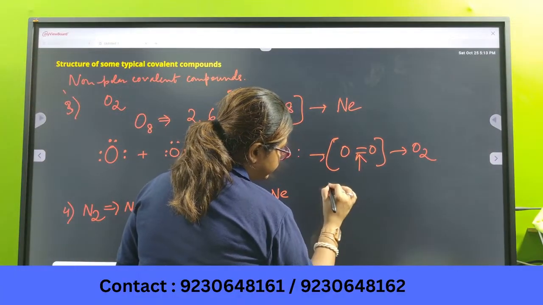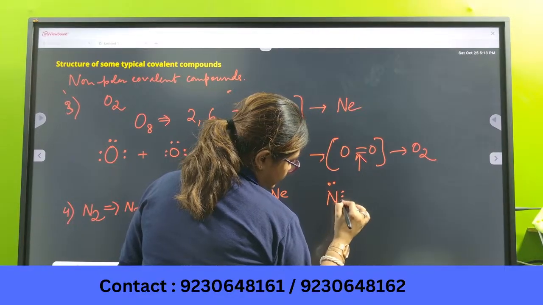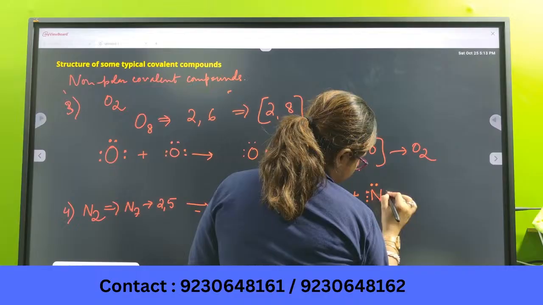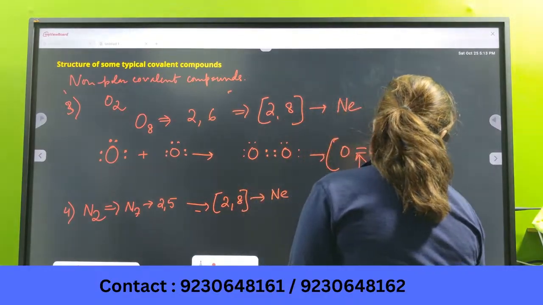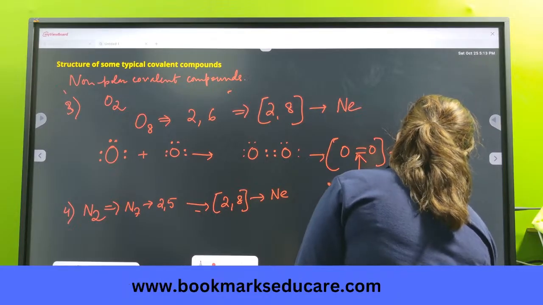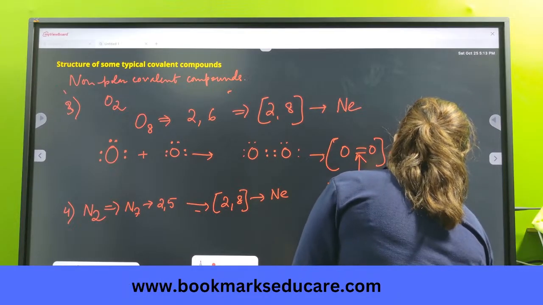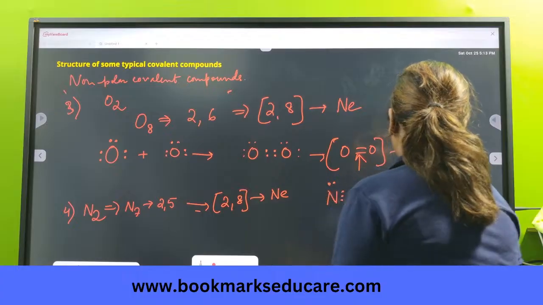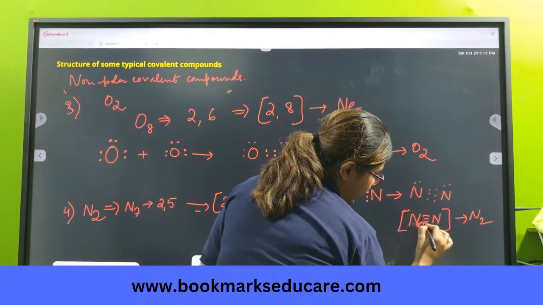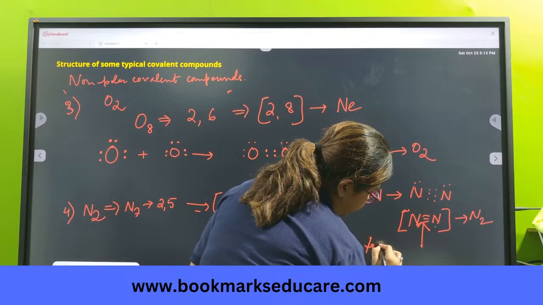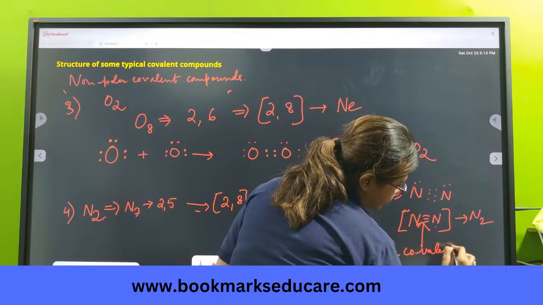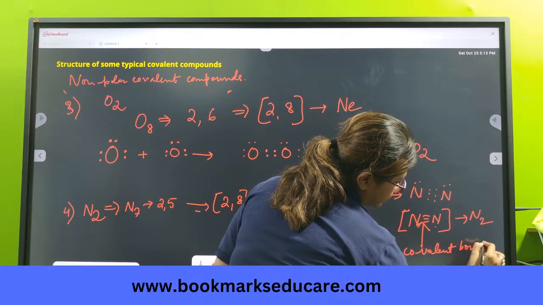Therefore, nitrogen is an example of a covalent compound with a triple covalent bond.